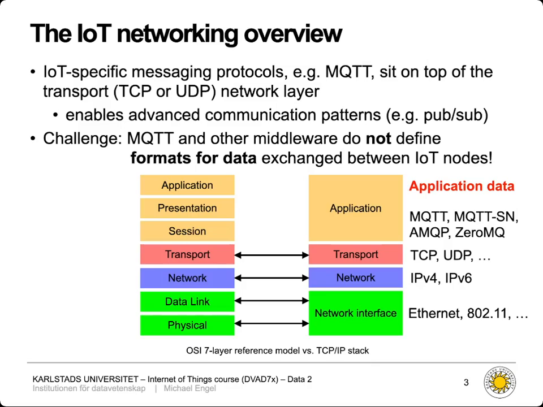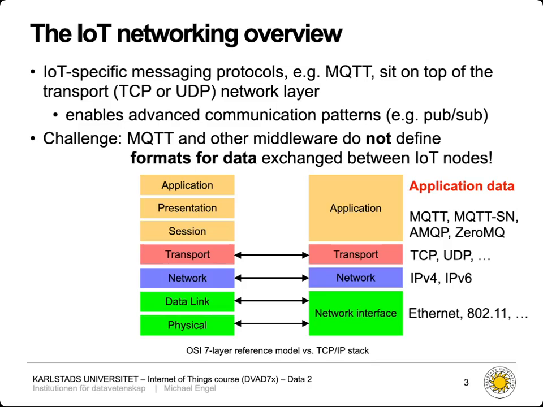So on top of our transport, on the application layer, as seen on the right-hand side here, we have some common protocols that enable IoT systems to exchange data in an effective way over whatever TCP/IP they are implementing. And so we've seen examples for MQTT, MQTT-SN, and different other protocols in the infrastructure part of that course here. Now, MQTT and others solve the problem of addressing things and distributing information in IoT-based networks.